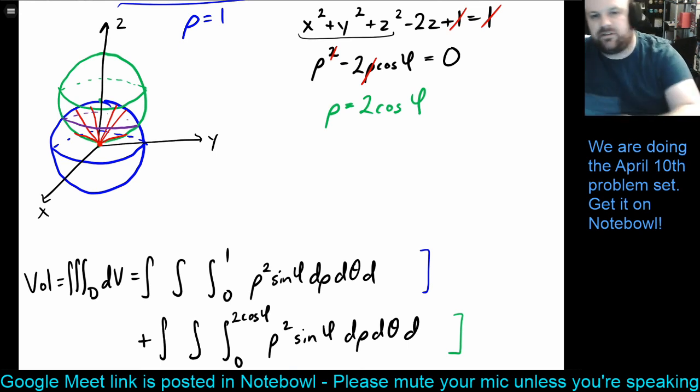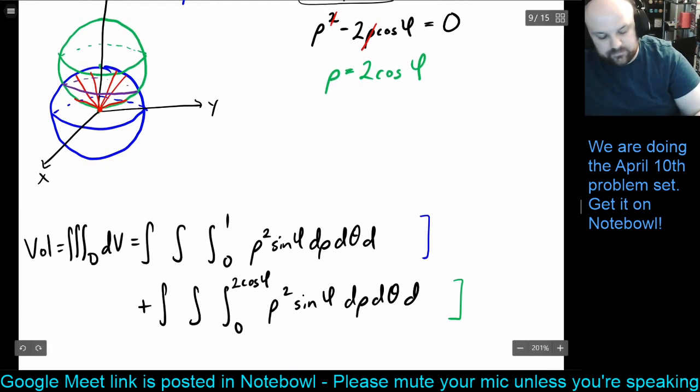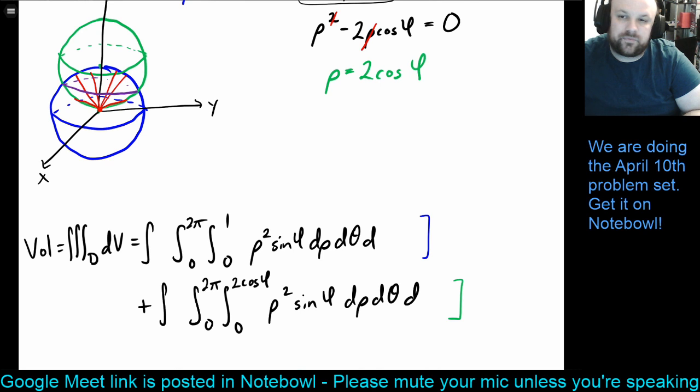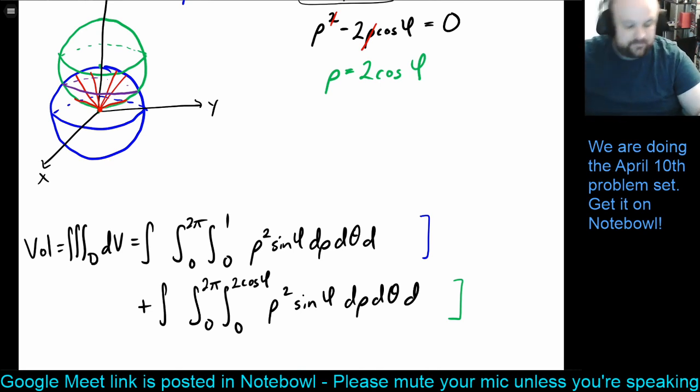This shape goes all the way completely around the z-axis. We have that full rotation there, so this is going to go from 0 to 2 pi for both of these. Again, we have that full solid and it goes all the way around.